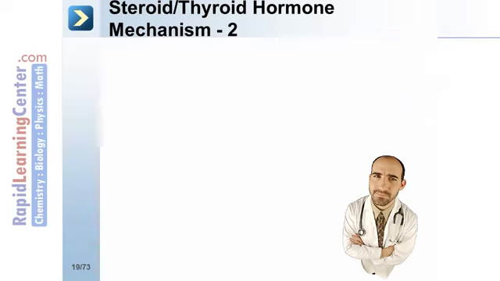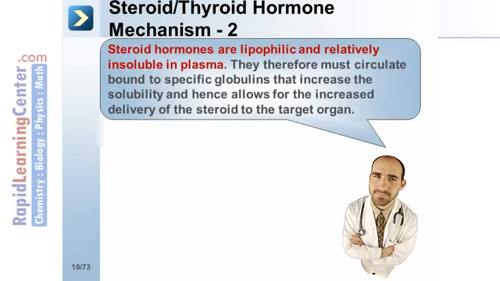It is useful to note that steroid hormones are lipophilic and relatively insoluble in plasma. They therefore must circulate bound to specific globulins that increase the solubility and hence allow for the increased delivery of the steroid to the target organ.